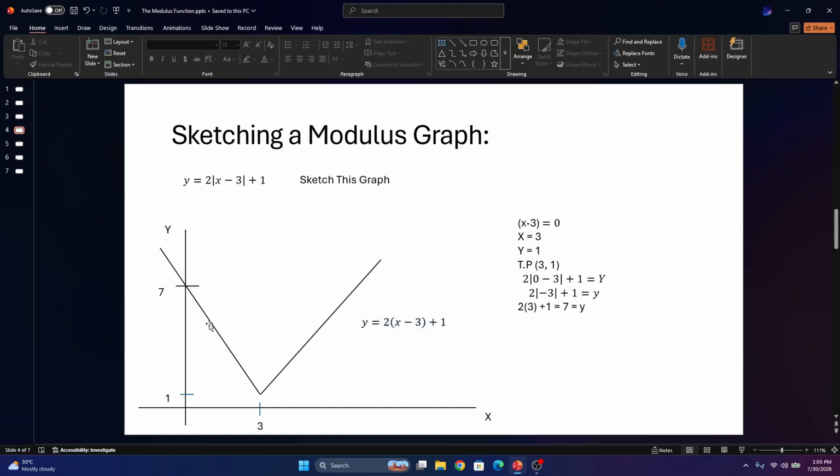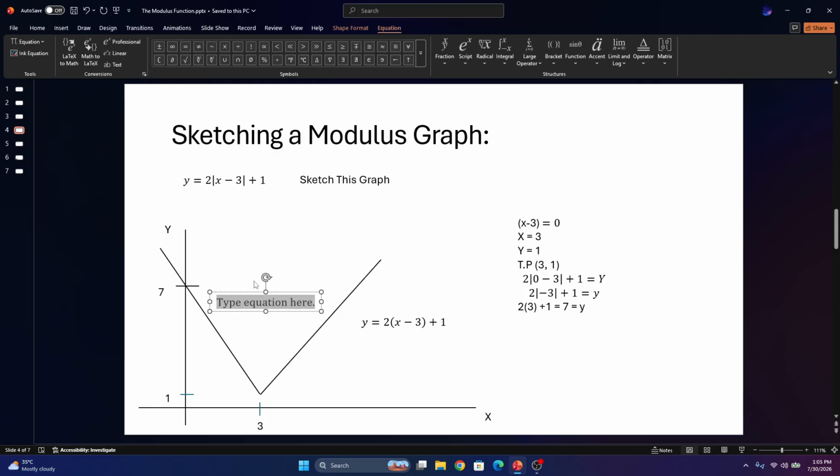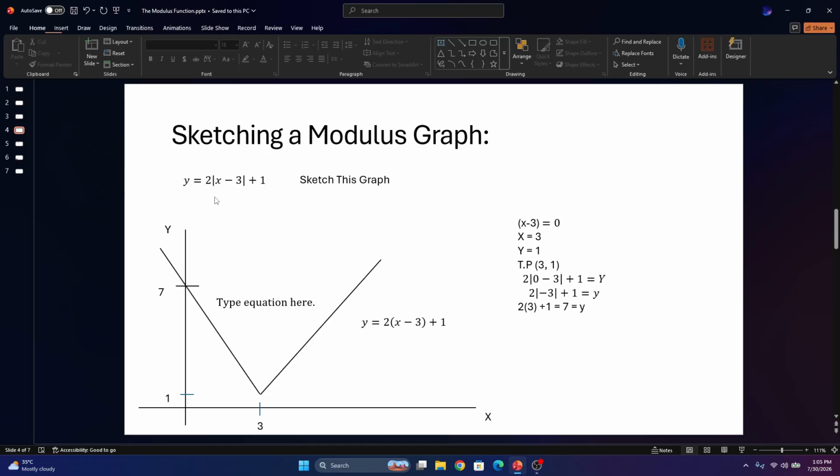However, for this line, it's going to be a bit different. Since it has a negative gradient, we are going to multiply this modulus by -1 and then replace the modulus with brackets. If we first multiply this modulus by -1, it becomes negative x plus 3, which we can write as modulus of 3 minus x.